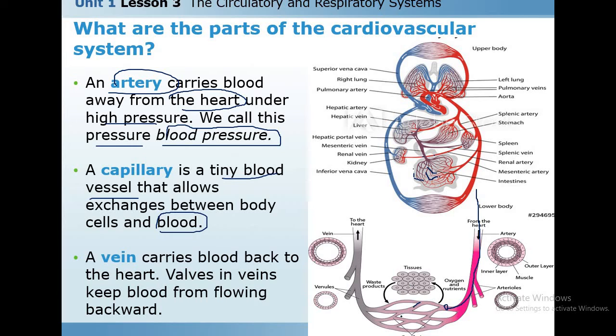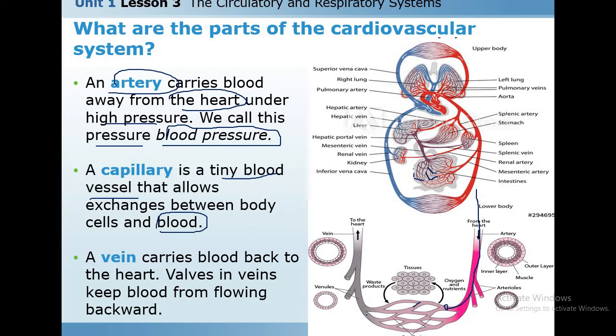Here, this is a tissue or organ. A group of tissues is an organ. So what's the function of the capillary inside the organ? To remove or reabsorb the waste from the tissue. So what's the function of the vein? This is a vein.